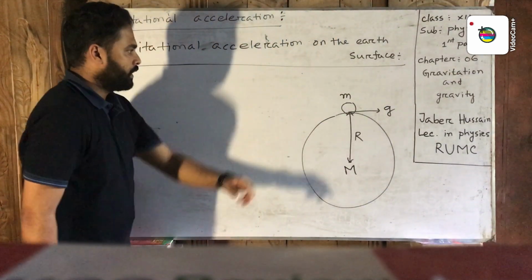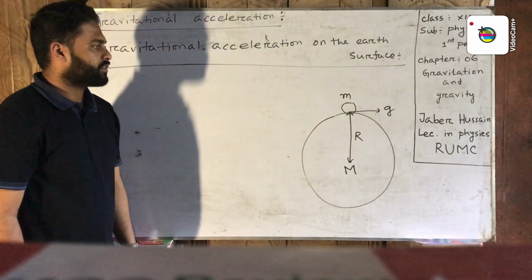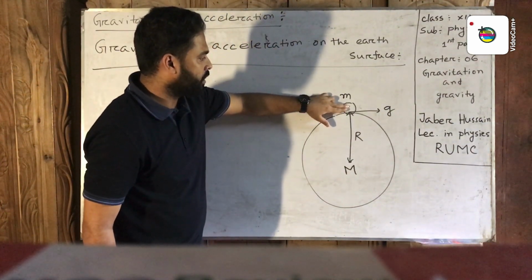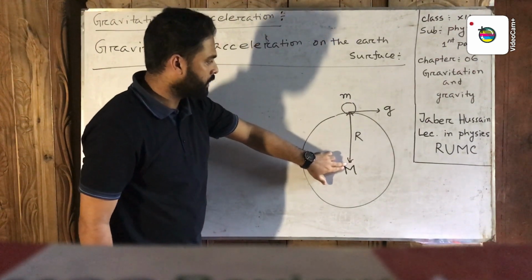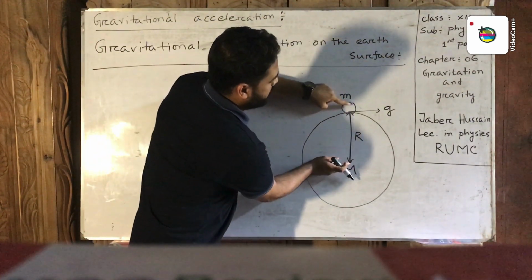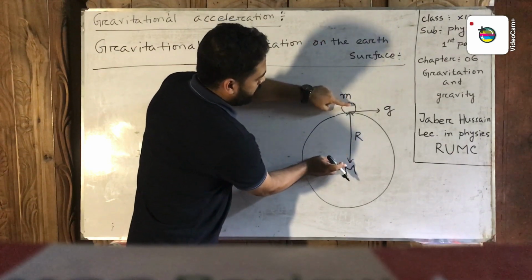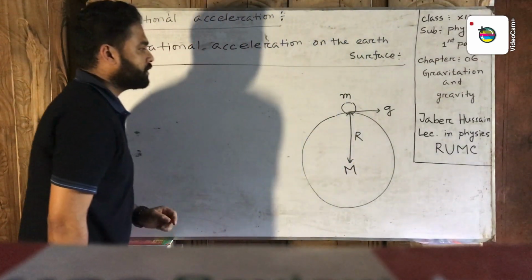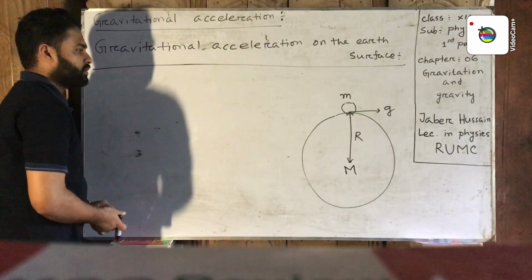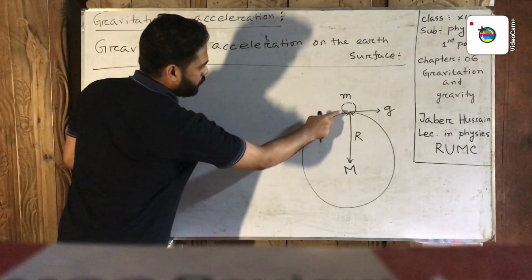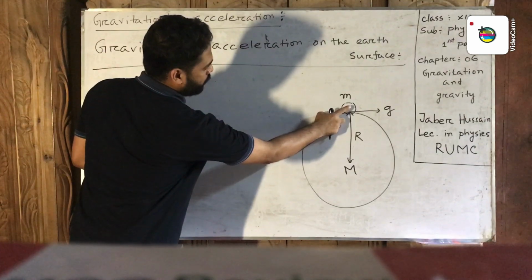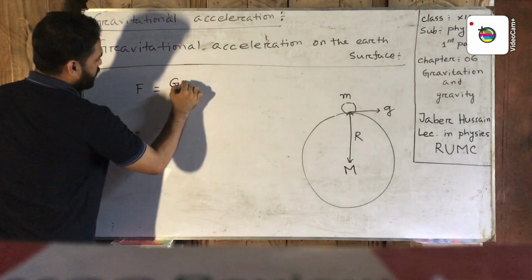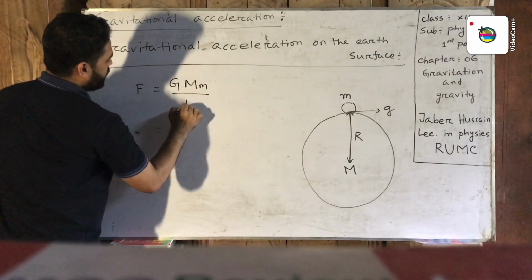Now from Newton's law of gravitation, this is the object, this is the mass of the object, and this is the mass of the earth, and the distance between the object and the center of the earth will be R. According to Newton's law of gravitation, the gravitational attraction force between object and earth will be F equal G capital M small m divided by R square.